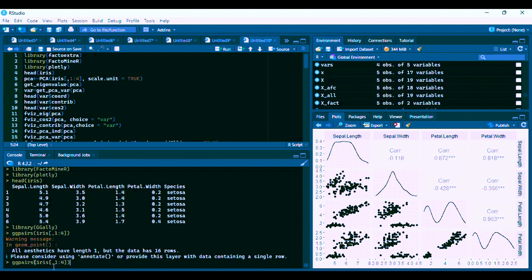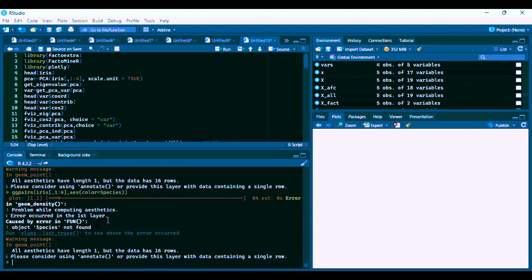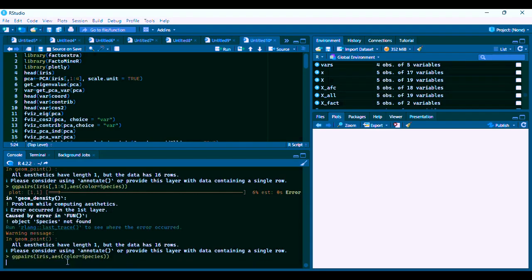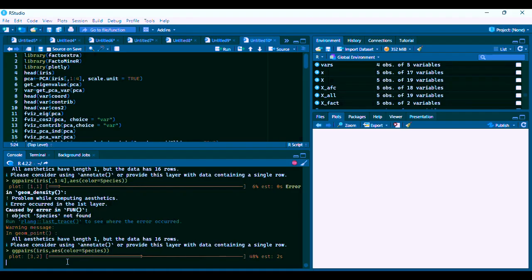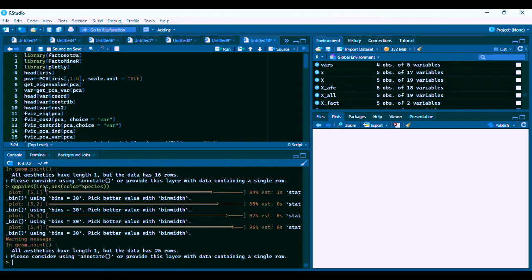We can add here, for example, aesthetic graphical mapping and select color equal to our grouping variable, which is Species, to color. Now I need to remove this argument and select the whole iris, because Species is the 5th variable in the iris dataset.